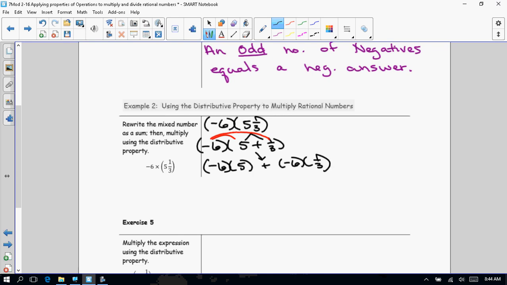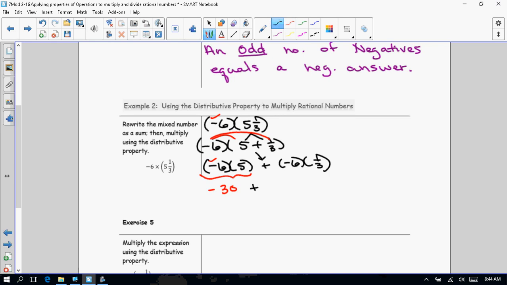I'm not going to freak out that there's a fraction because I noticed the denominator in my fraction and my whole number work nicely together. They're both multiples of 3, so it makes my life easy. All right, well, I know 6 times 5 is 30. I have one negative in here, so that's negative.